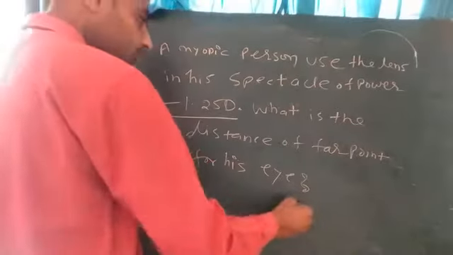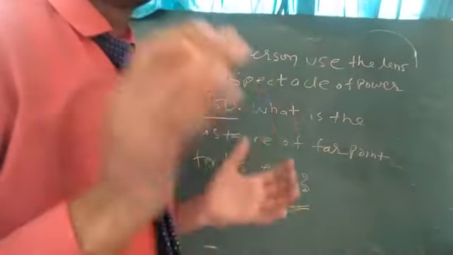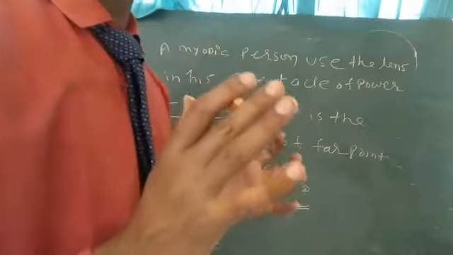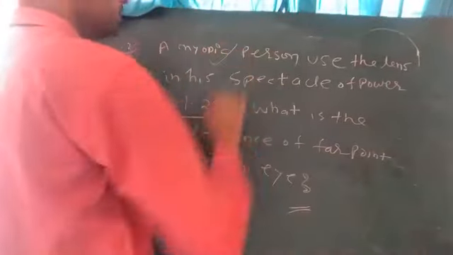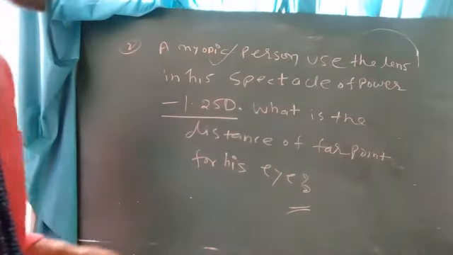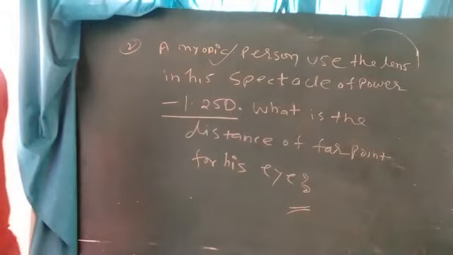It means up to which distance a man can see who suffering from myopic defect. So you have to know this numerical. I am going to solve this numerical.